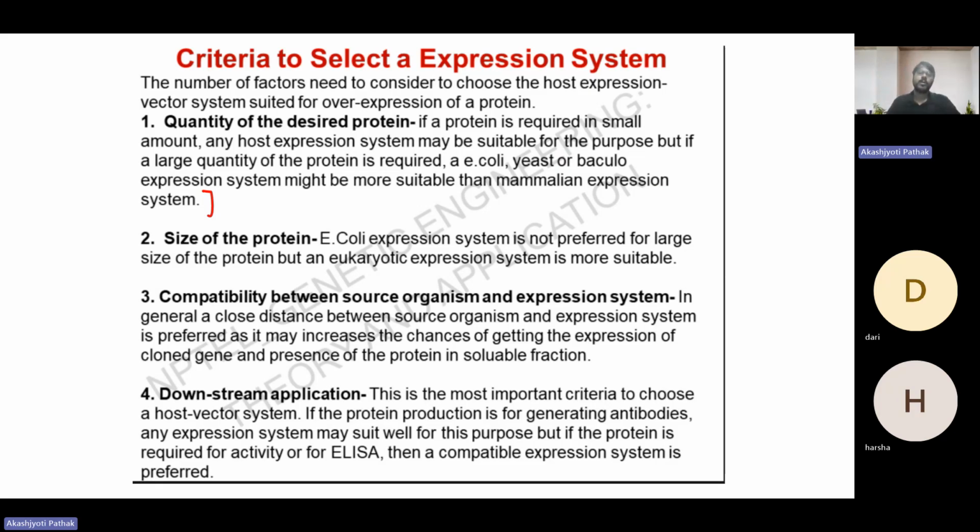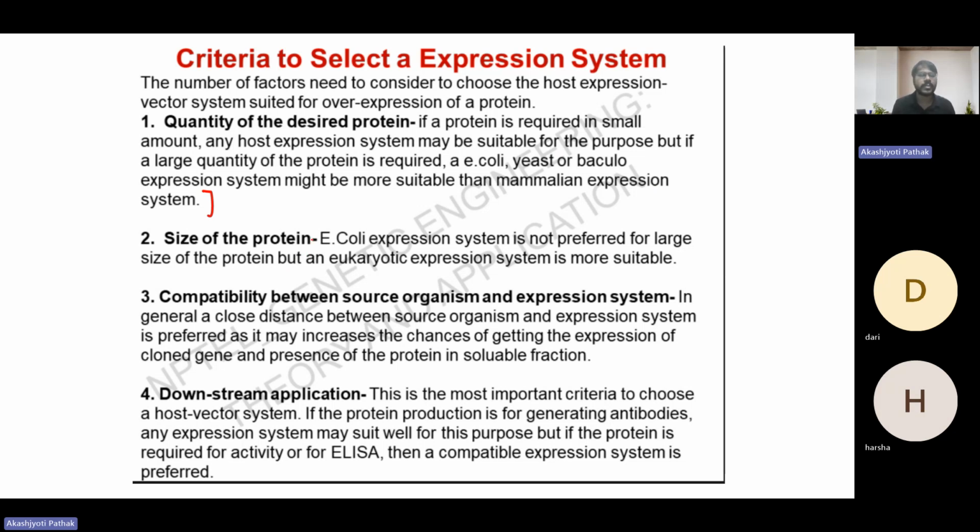But if you want to do some biochemical studies, or just see the level of expression, then you will not need such a high amount of protein. Mainly for biophysical experiments, you require a very high amount of pure protein. And that will also depend on the size of protein.